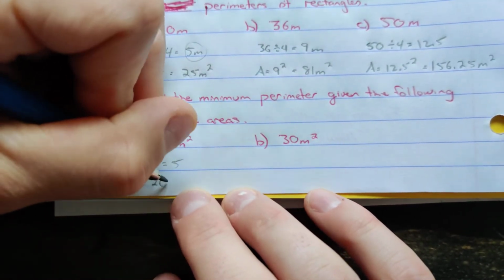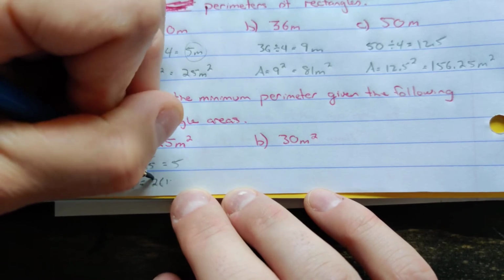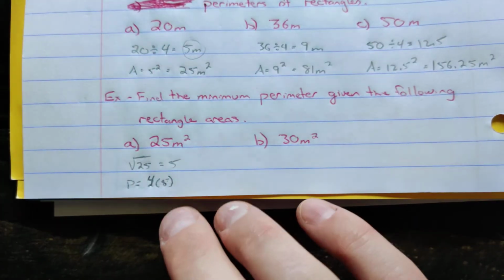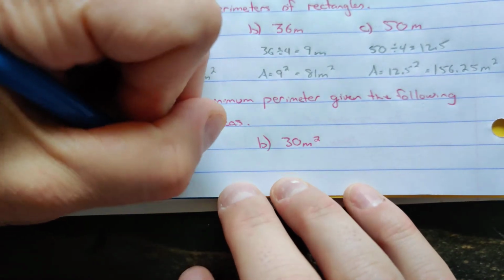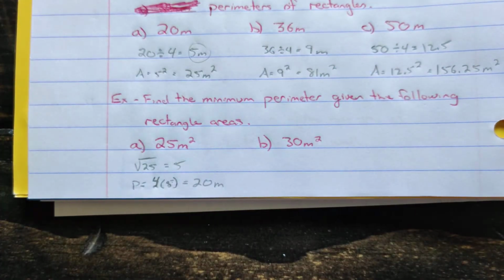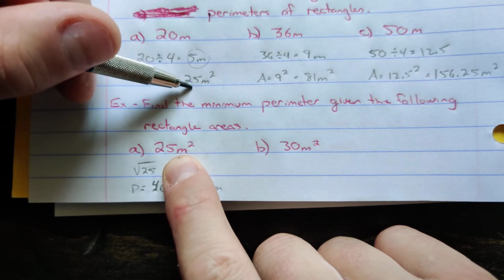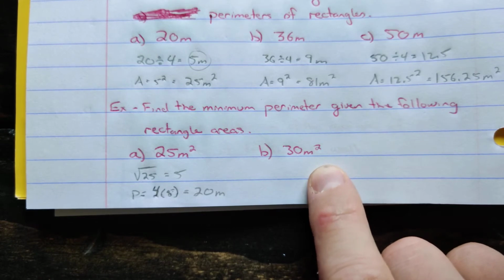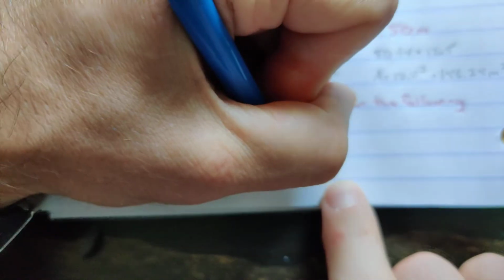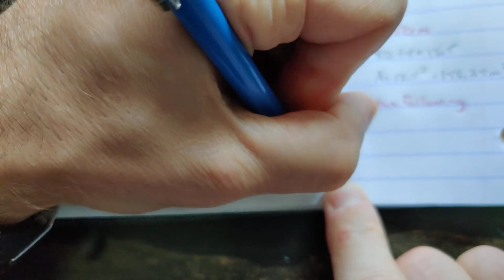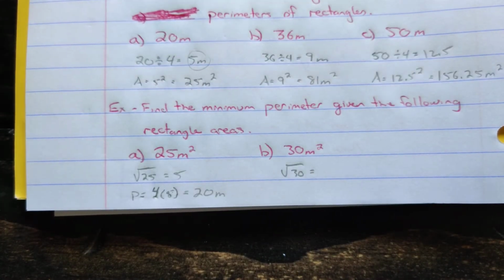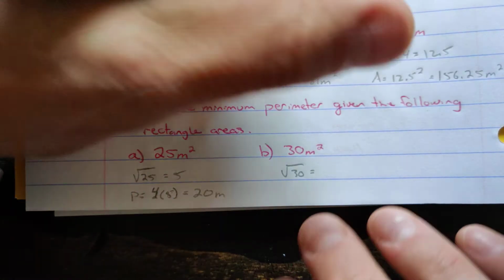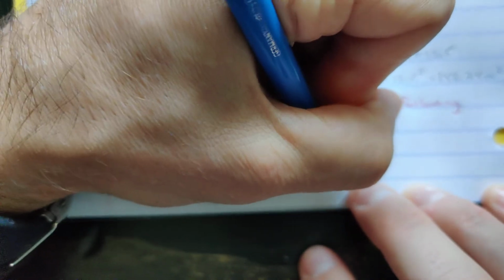Perimeter equals 4 times 5, right? Because there's 4 sides and they're each 5. So the perimeter is 20 meters. And that makes sense because 25 meters squared was our maximum area from the previous one, and we had a perimeter of 20. 30 meters squared. Well, same thing. Square root of 30 is going to give us 5.47, 5.48.